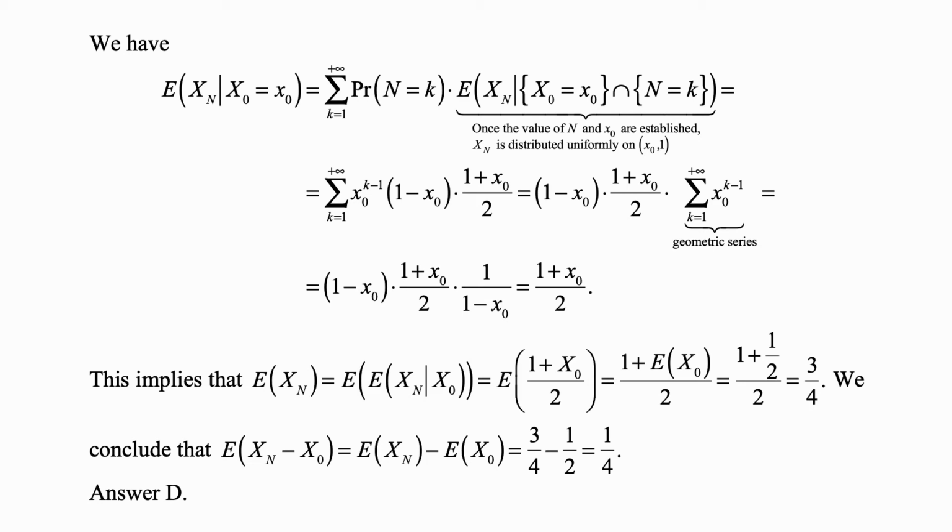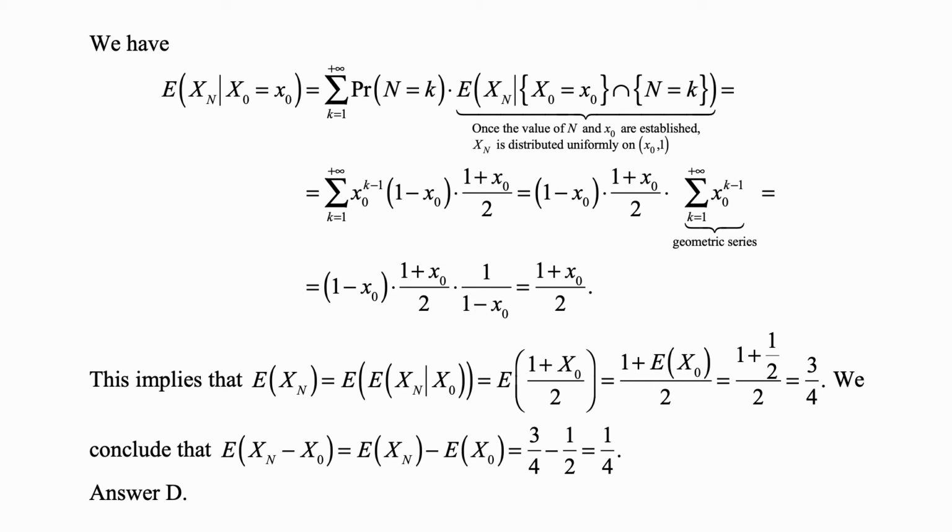Once the values of n and x0 are established, xn is distributed uniformly on x0 to 1, because xn is supposed to be bigger than x0. So this is the sum from k equal 1 to plus infinity of x0 to the k minus 1 times 1 minus x0 times that expected value, which is 1 plus x0 over 2, because it's the mean of the uniform distribution on x0 to 1.